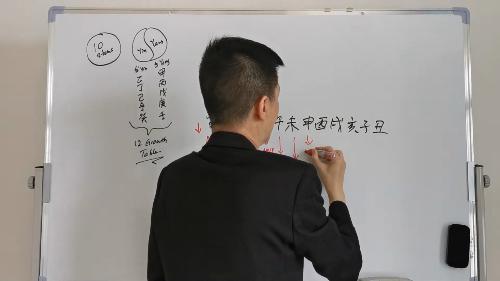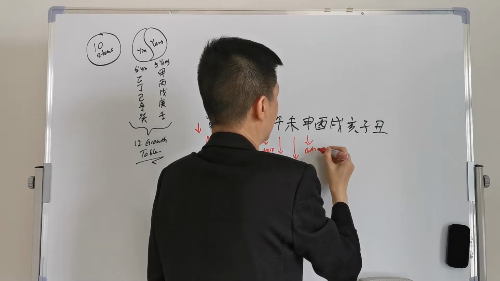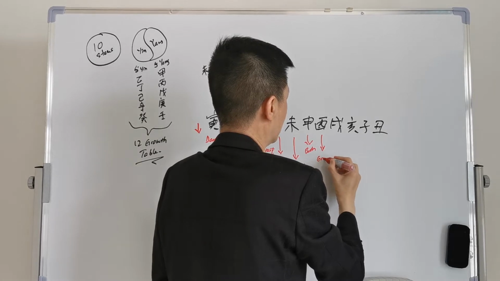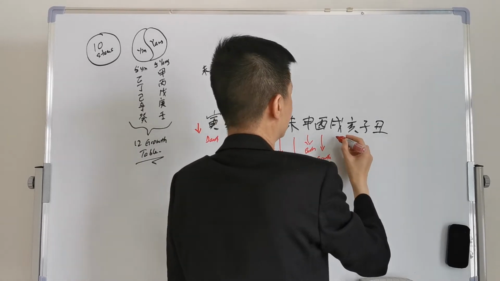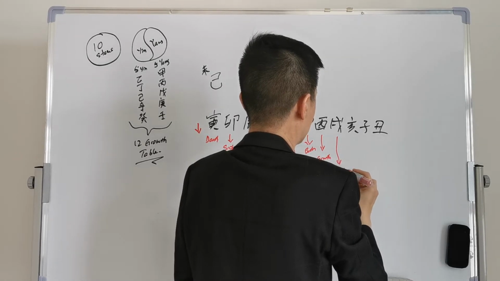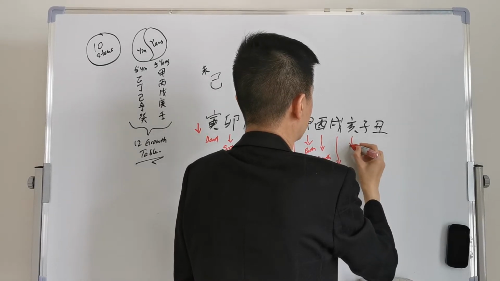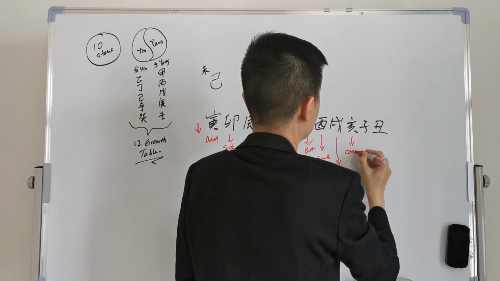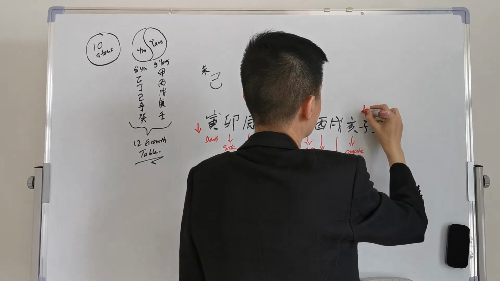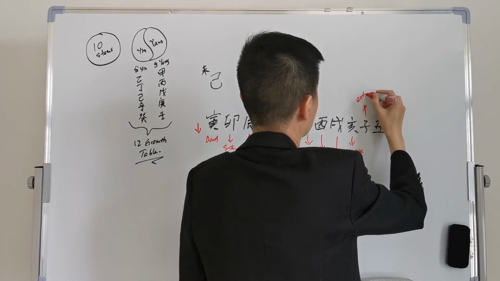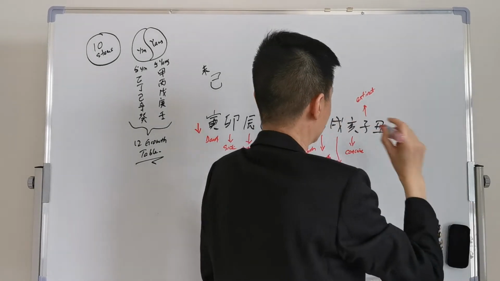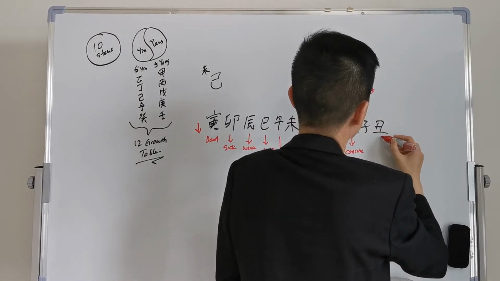Then this one is bath. Okay, after bath this is grow. Followed by nurture. Okay, conceive. Okay, this is extinct. Then this is grave.